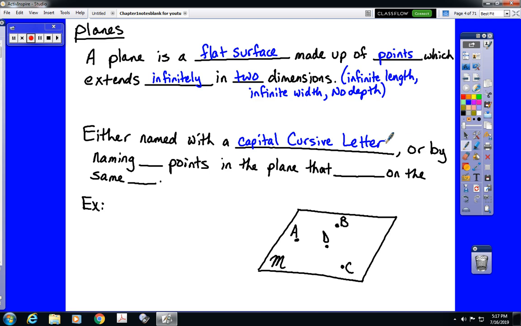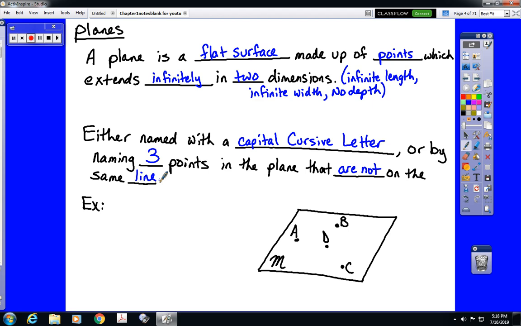Sometimes that's done with a bold letter, or by naming 3 points on the plane that are not on the same line. It's worth noting that they cannot be on the same line. If the 3 points are on the same line, that does not name one plane, that names an infinite number of planes, and we will get back to that later on.